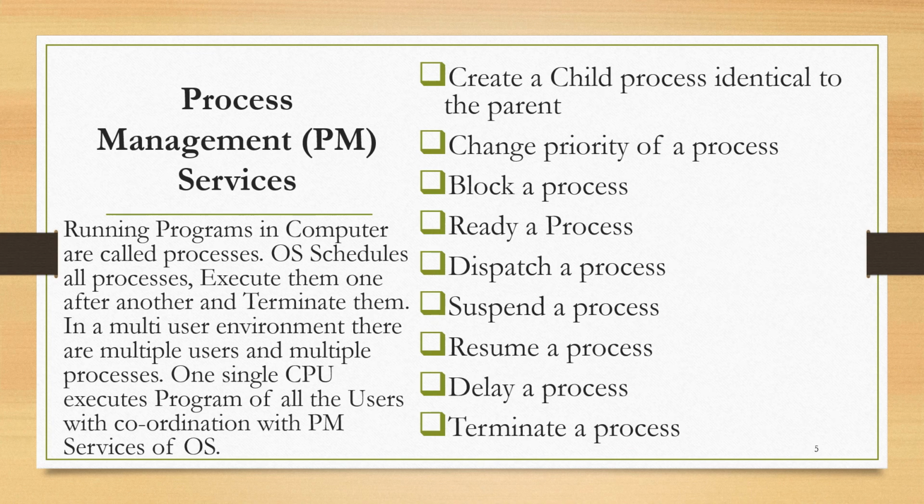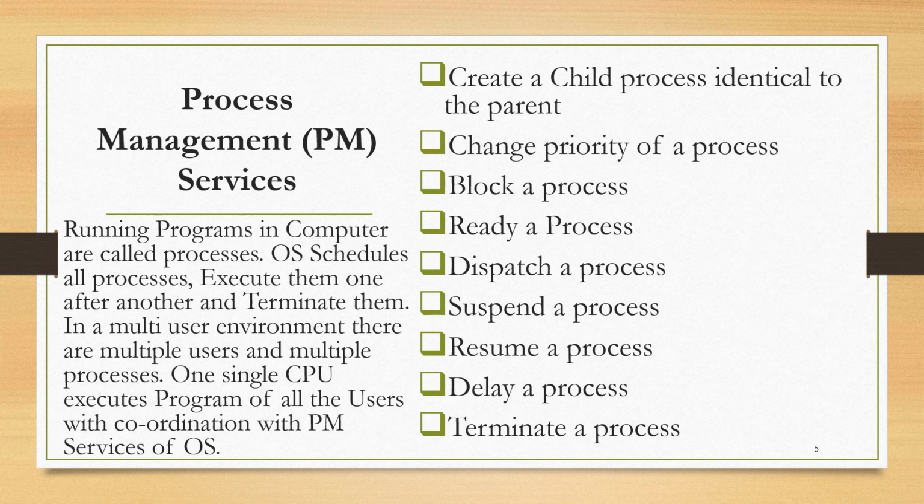Now process management, PM services. This is the second service of the OS. What is a process? A process is basically a program in the computer. A running program in the computer is called a process. A program that is loaded in the memory for execution is called a process.